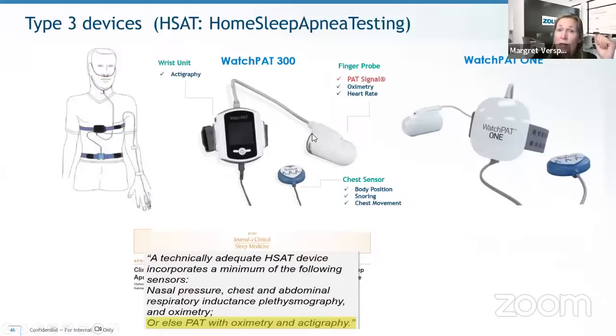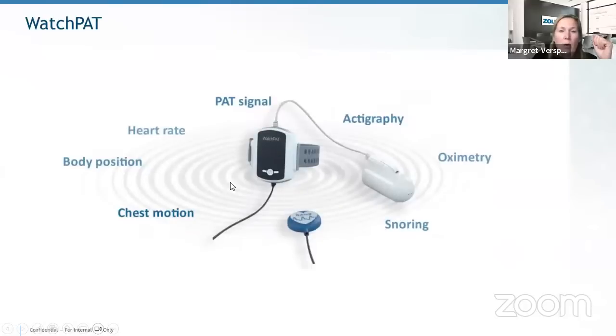What we measure is the same. So we have a watch on both devices, and I will show it here. The watch has an actigraphy in it, and the actigraph measures the movements. It's important for the algorithm to detect wake versus sleep, because the WatchPad is detecting sleep.